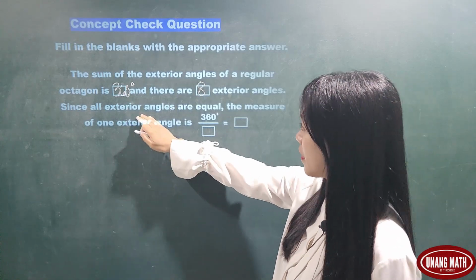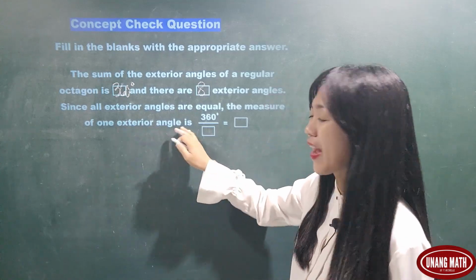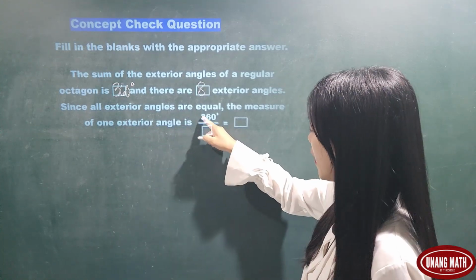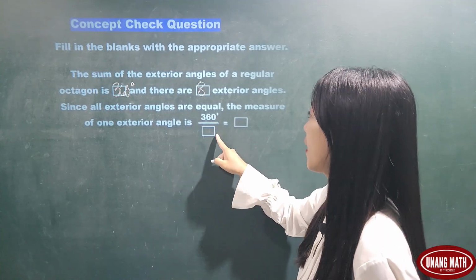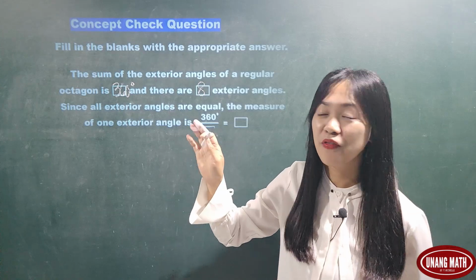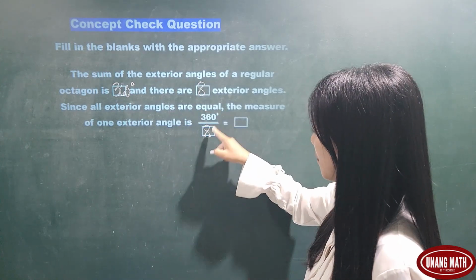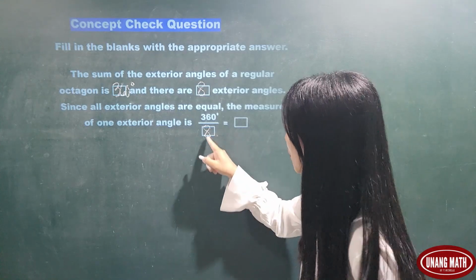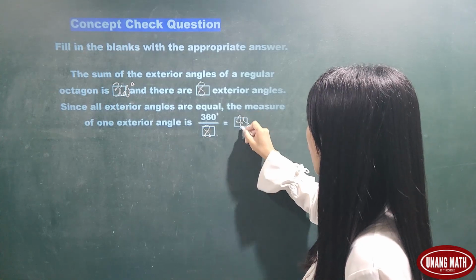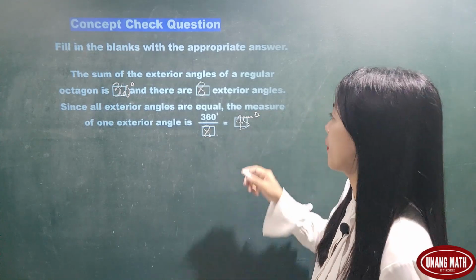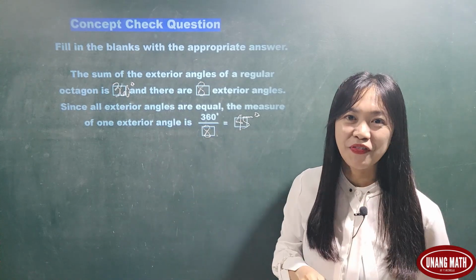Since all exterior angles are equal, the measure of one exterior angle would be 360 degrees divided by the number of vertices, which is 8. So 360 divided by 8 is equal to 45. The measure of one exterior angle is equal to 45 degrees.